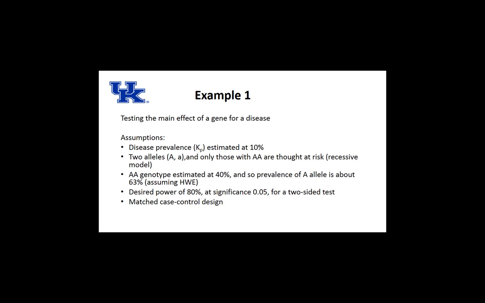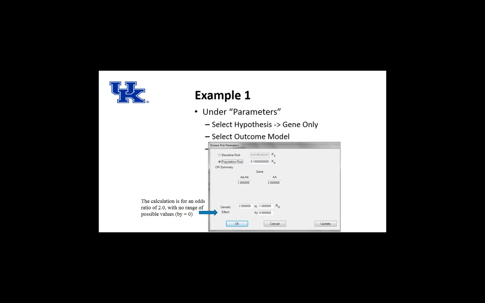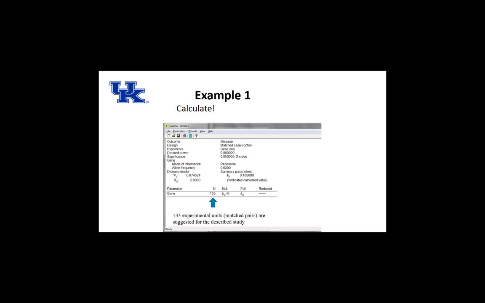So everybody heard? I'll repeat the question. We're saying that this is a recessive mode of inheritance, and that the risk is conferred with those that have the double capital A. So why not do a one-sided test? And I think that you could absolutely argue that. What would be, if we did assume a one-sided test, what would that do to our results here?